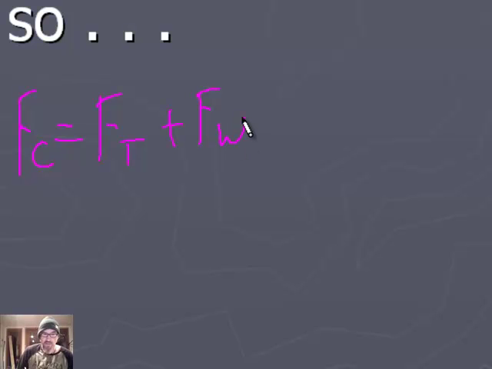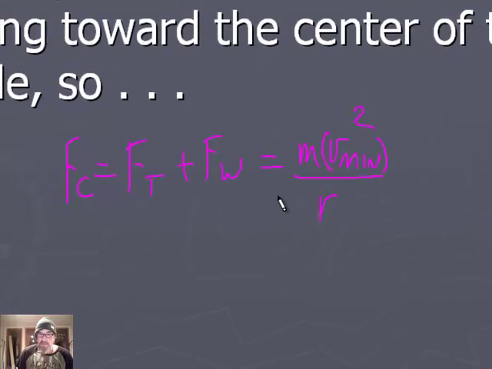But we know that centripetal force is equal to m times v squared divided by r. And the v that we're talking about here is the v at the top of the circle, which is v min, the minimum speed. And so we can calculate the centripetal force here. If we knew the velocity, mass, and radius, we could also use that to calculate the tension.